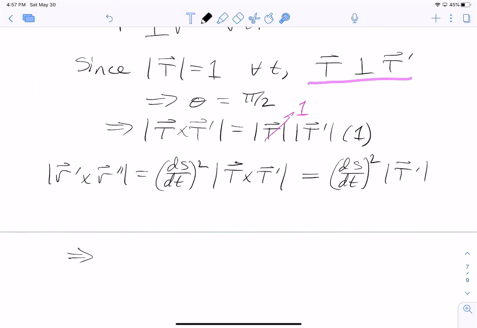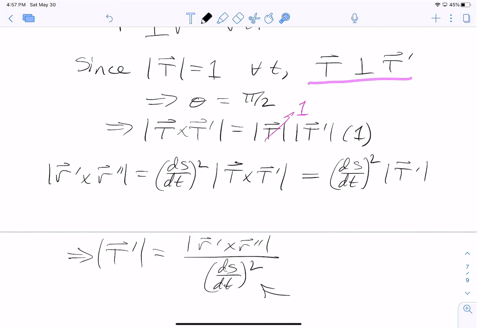Solving for the magnitude of T prime, we get that that is equal to the magnitude of r prime cross r double prime divided by ds/dt, the quantity squared. The denominator is also written as the magnitude of r prime of t squared.